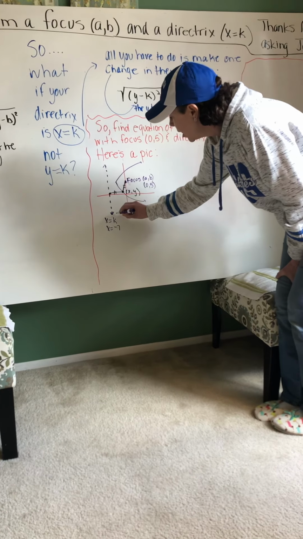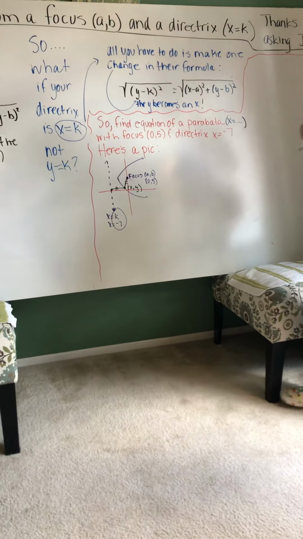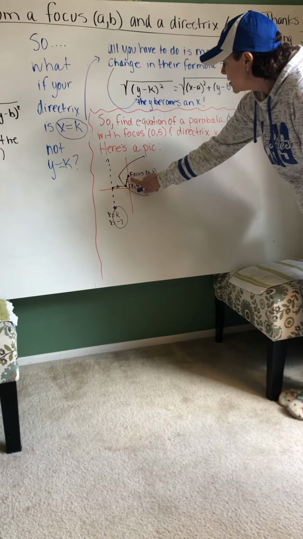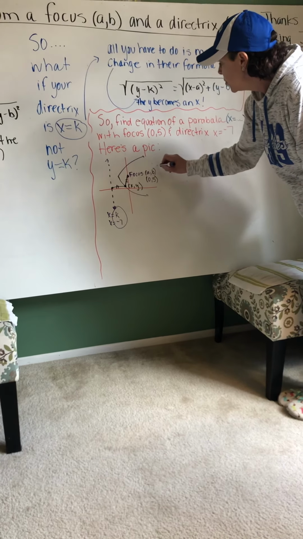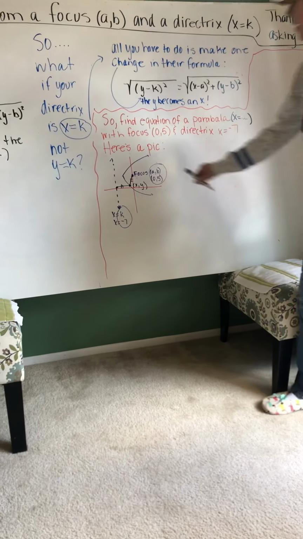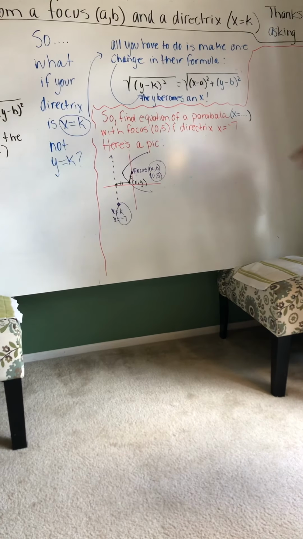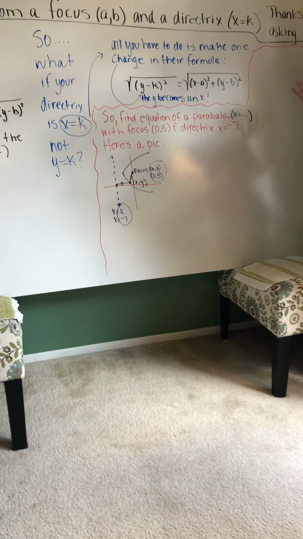So you can see right here, our k is -7. I put a focus right here at (0, 5). So you can see that a is 0 and b is 5. And I even drew the distances for you here.